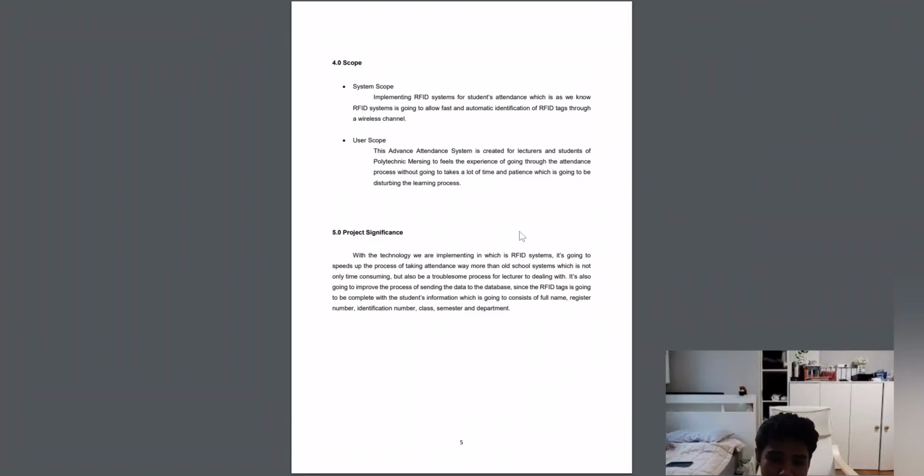It's also going to improve the process of sending the data to the database since the RFID tag is going to be complete with the student's information, which consists of full name, identification number, class, semester, and department.